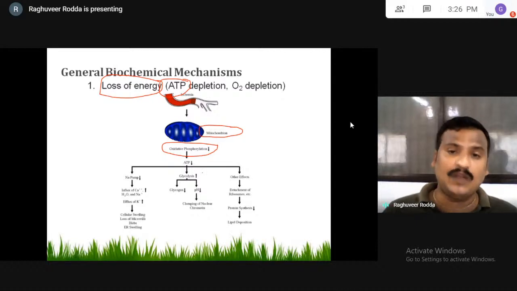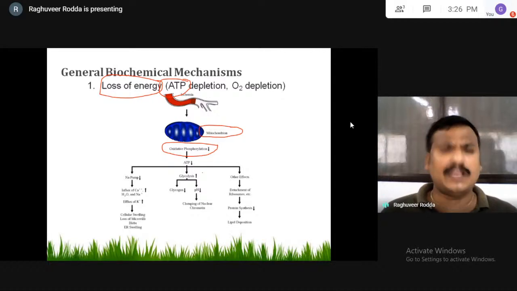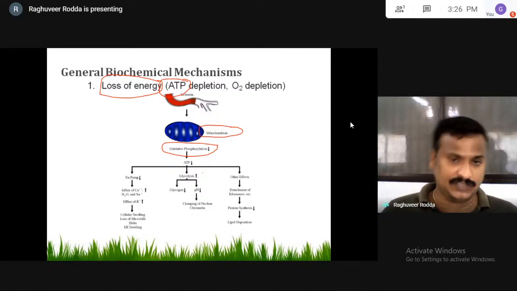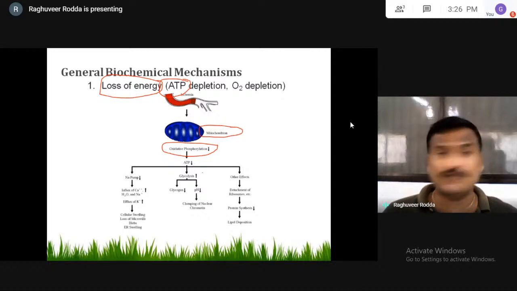So when ATP is depleted, it is a very vital molecule for the entire range of cellular functions. What type of functions are done by the cell? In 90% of cases, the cell needs energy, especially for ATP-driven mechanisms. All the ATP-driven active physiological mechanisms require energy in the form of ATP.